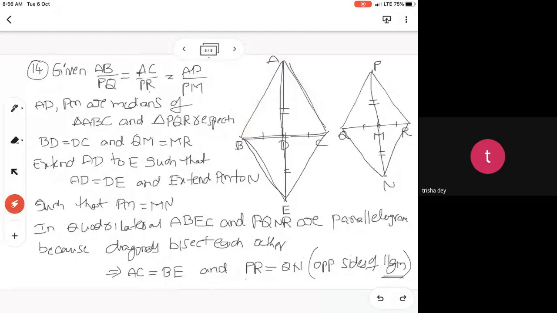BAE and QPR, these two angles will be equal. So from that what you get? AB by PQ, already given, equal to AC by PR, and the included angle you are getting. Did you understand from here? Still steps are there, but I have explained mostly everything here itself.